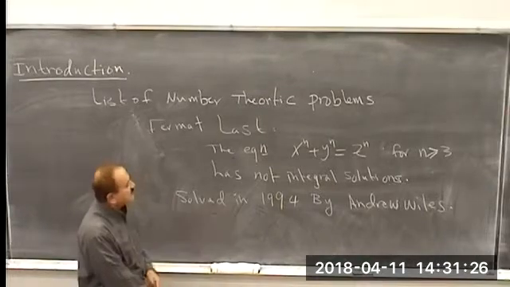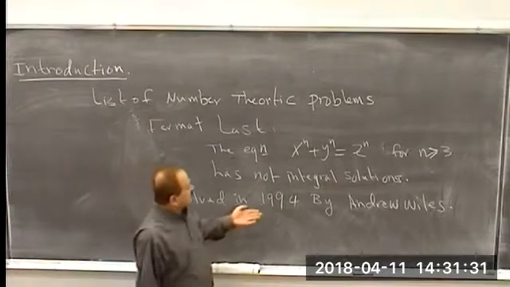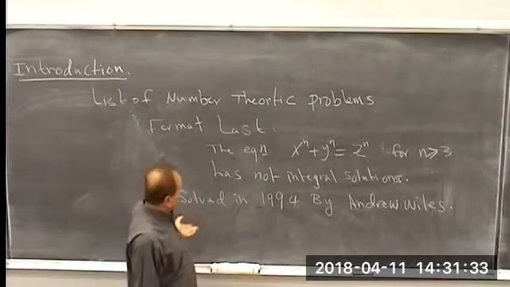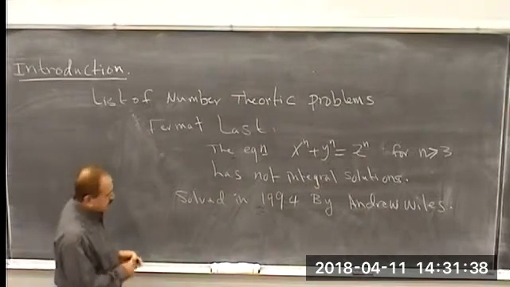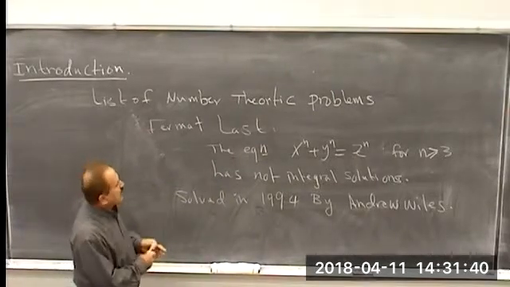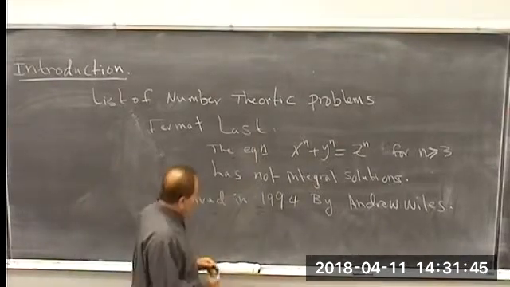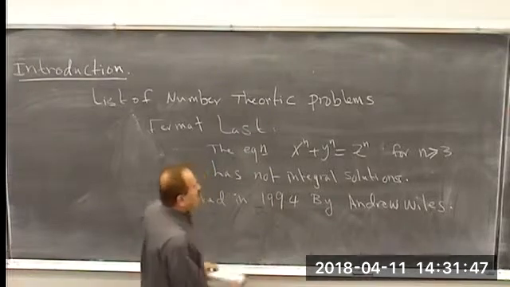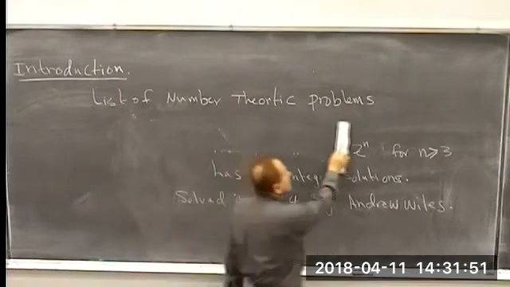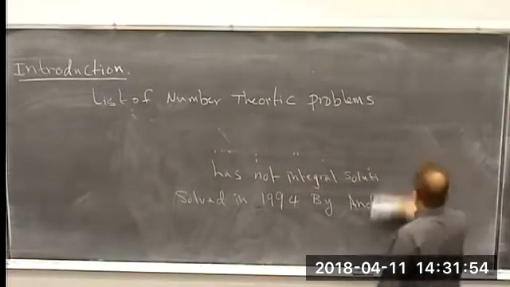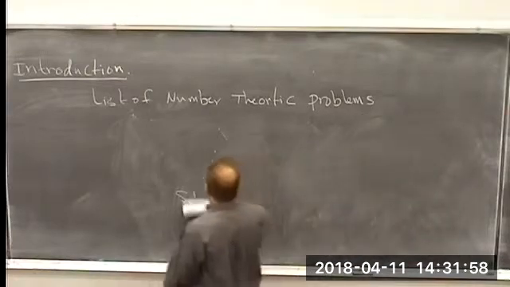Many generations of mathematicians contributed to the final result that Andrew Wiles was able to put together to come up with a proof of Fermat's last theorem. All right, so this is solved, unfortunately, but I will have a few more problems that are not solved, which you can become very famous overnight if you can solve any of these problems.